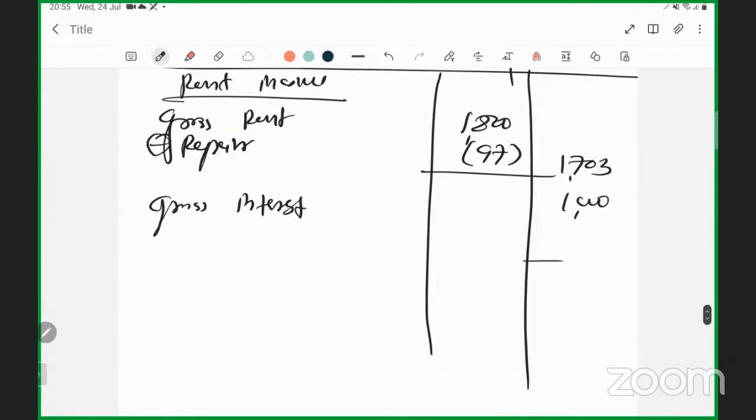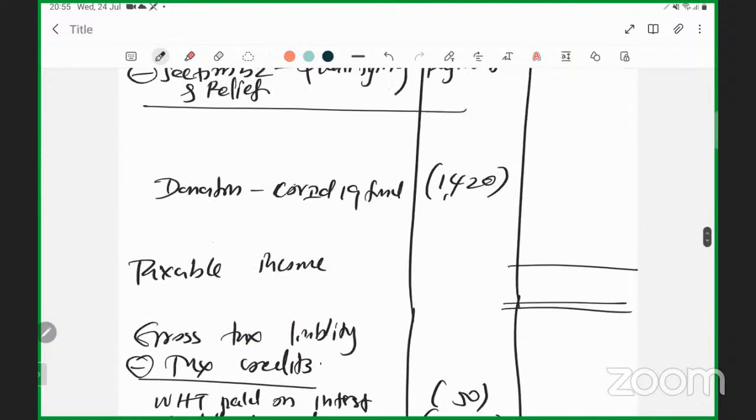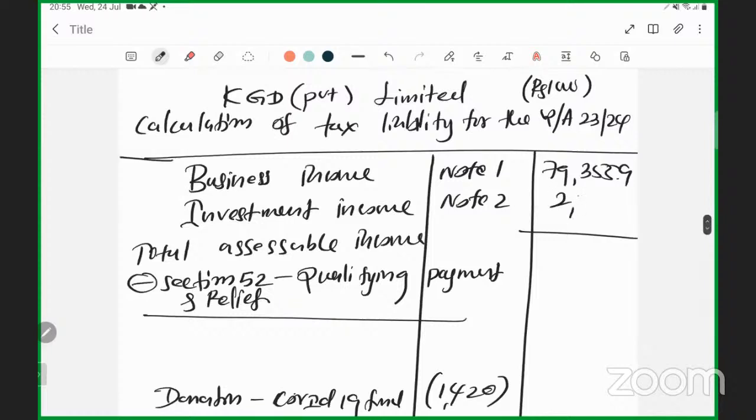So here there is no adjustment. 2,703,000 assessable income from investment. Now we can get the total 82,058.9.